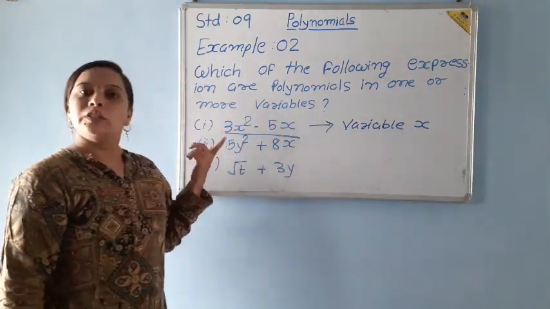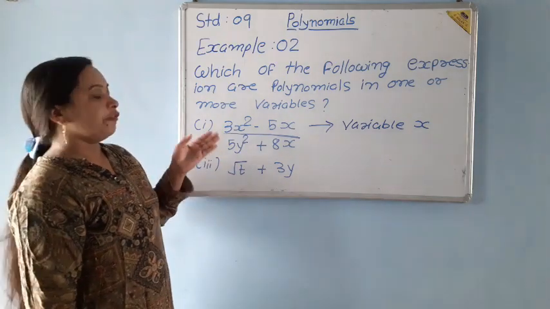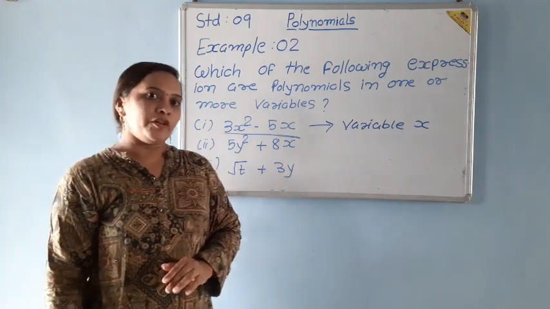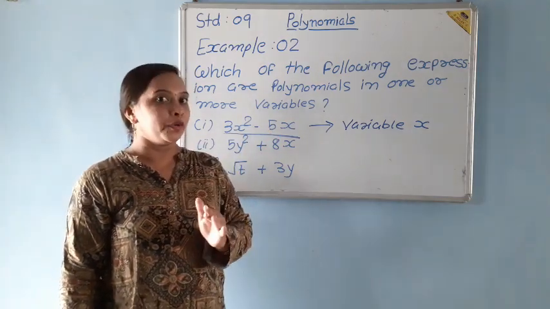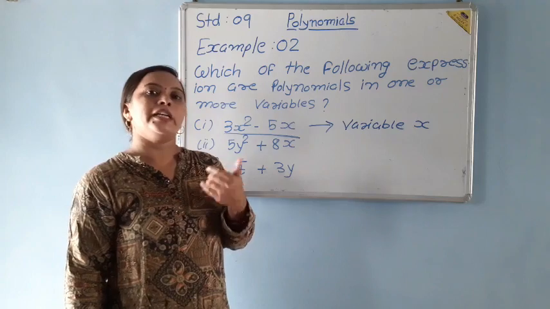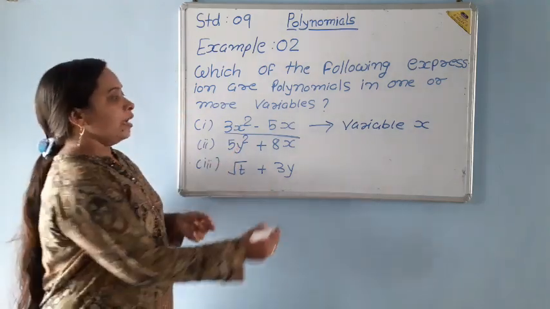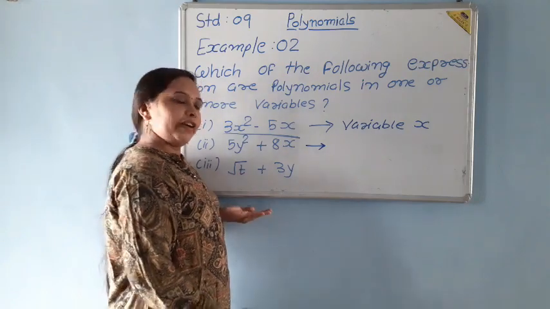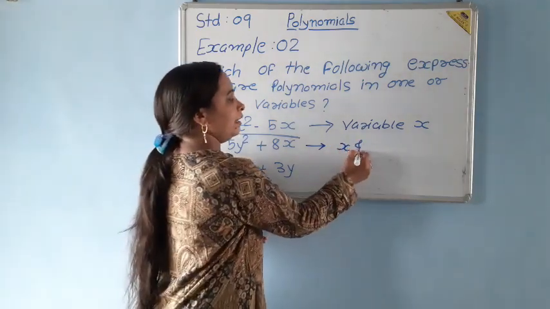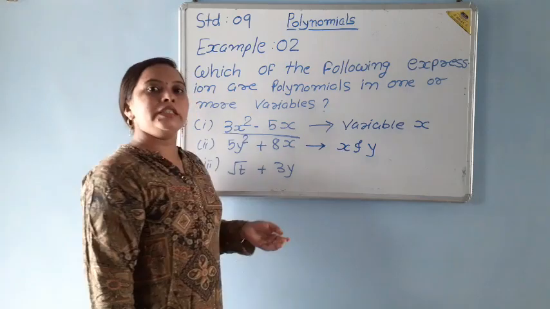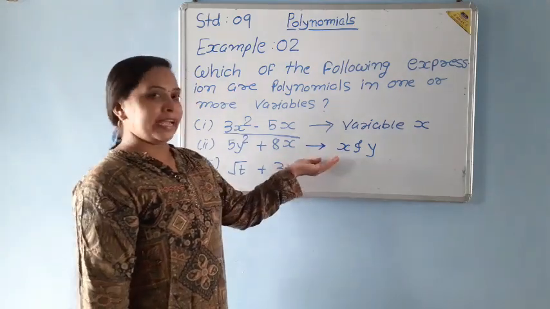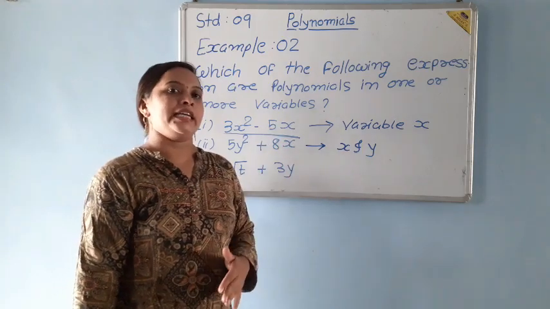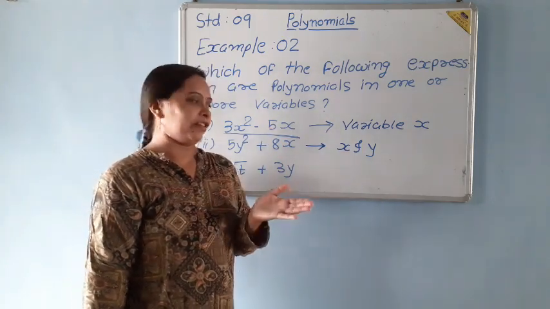Now come to another example. 5y square plus 8x. Is it a polynomial in one variable? No, it is not. Why? Because in this expression there are two variables, x and y, and that's why it is not considered a polynomial in one variable.